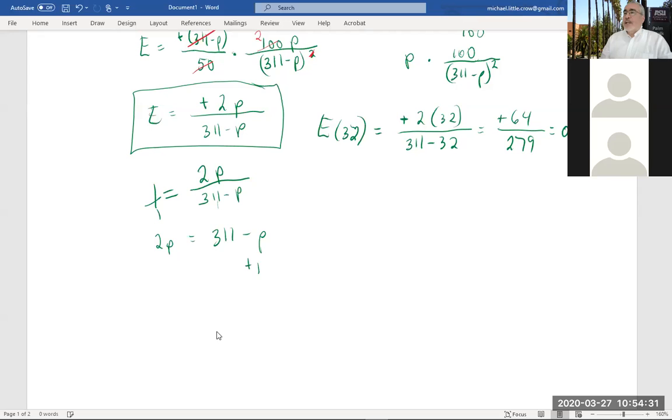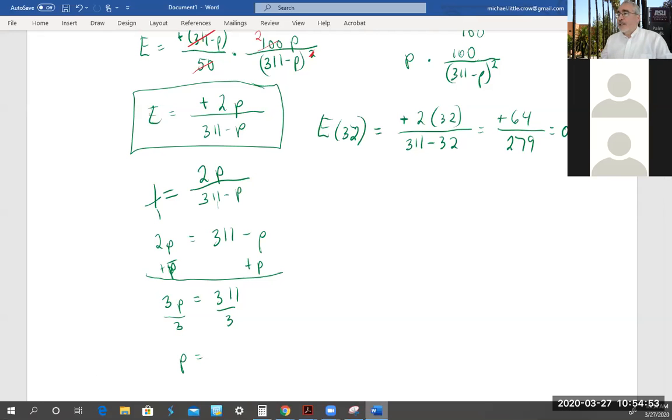So I would add p to both sides. That gives us 3p on the left, 311 on the right, and then divide both sides by 3. Gives us p equals 311 divided by 3.